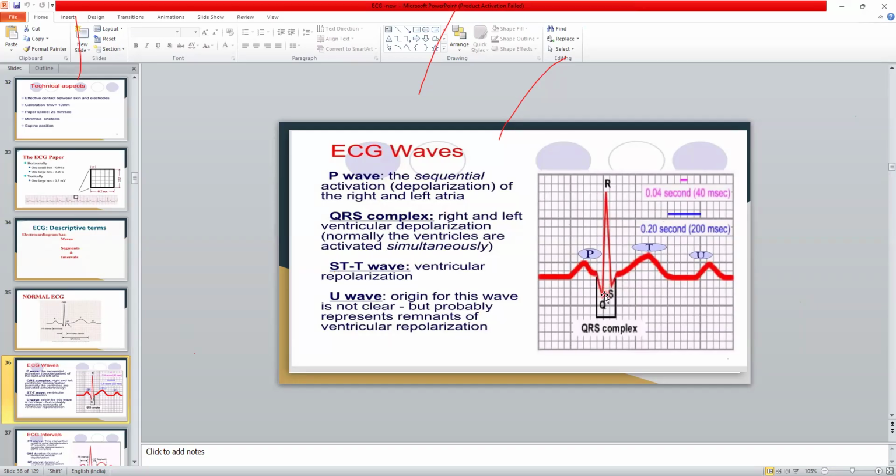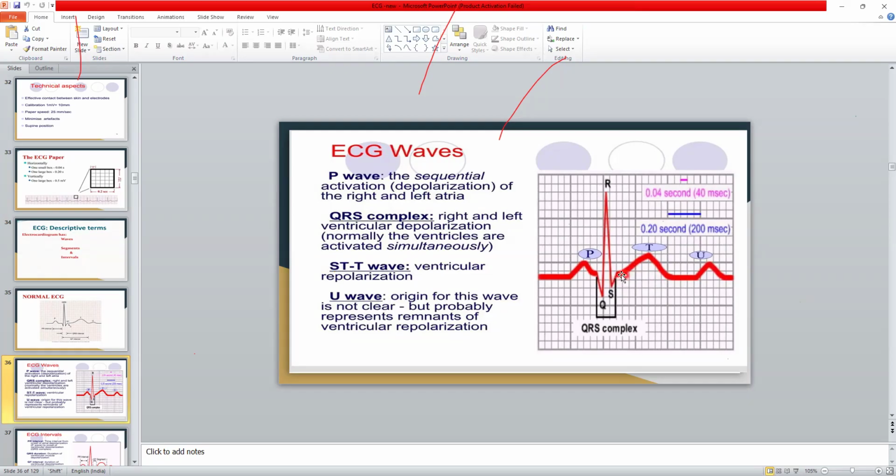Whereas the QRS complex is the ventricular depolarization, that is both right and left ventricular depolarization. Normally, the ventricles are activated simultaneously. This is the U wave and this is the T wave.